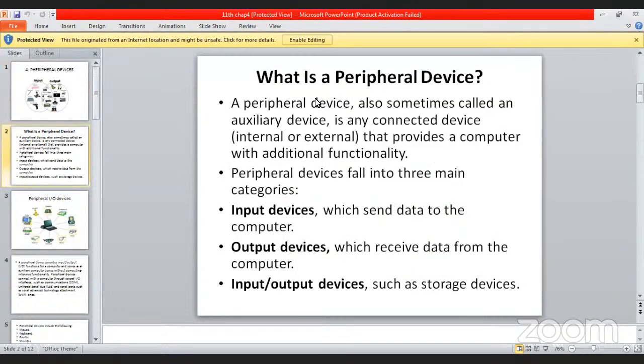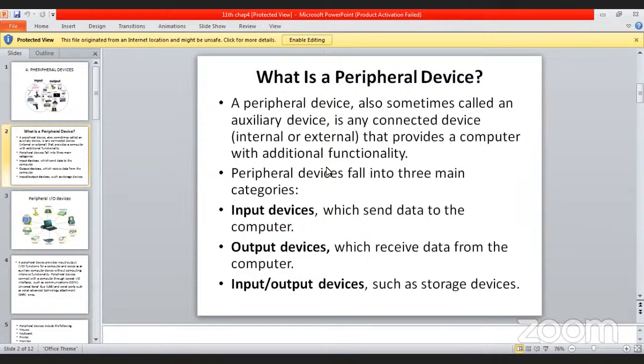What is a peripheral device? A peripheral device, also sometimes called an auxiliary device, is any connected device, internal or external. We can see examples. It provides the computer with additional functionalities, because we can join an input device like a keyboard.